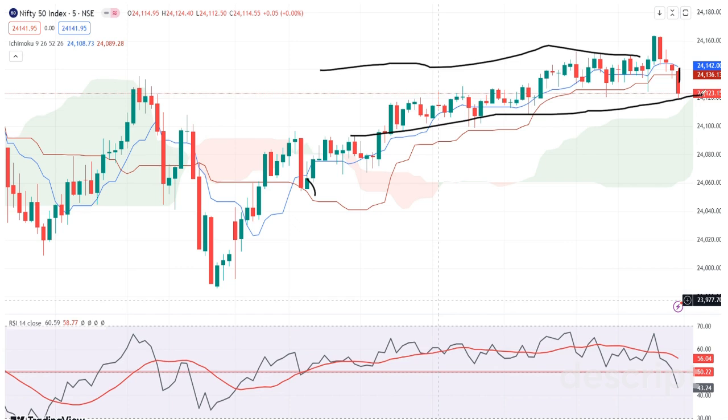So these are the two things which I wanted to show. Ichimoku cloud plus two lines plus MACD and RSI. It's a fantastic inbuilt indicator. If you're able to put this on your mobile, I think this data will be enough for you.